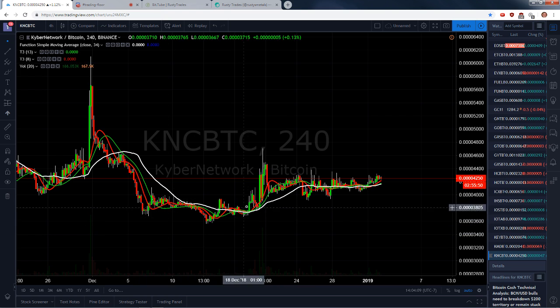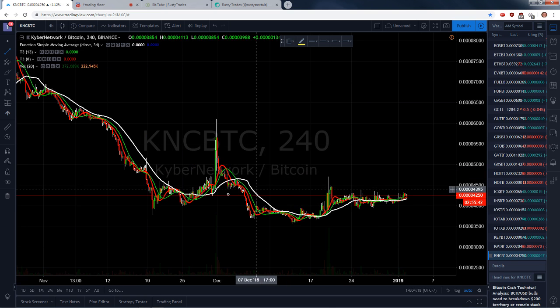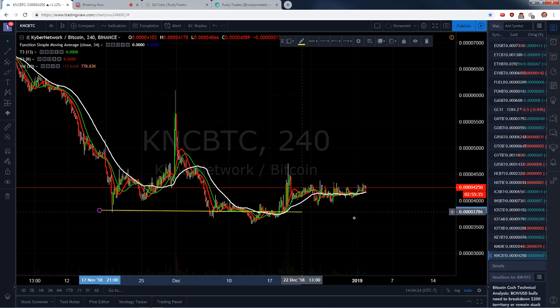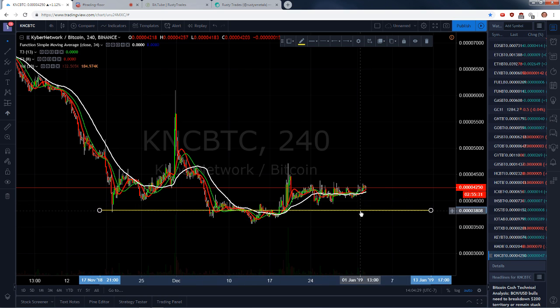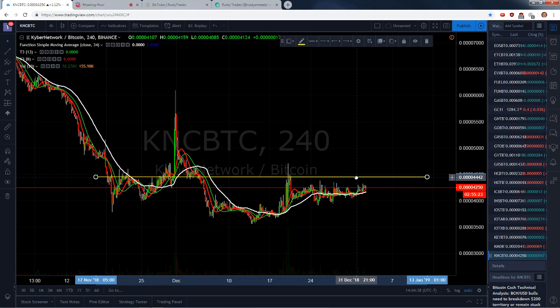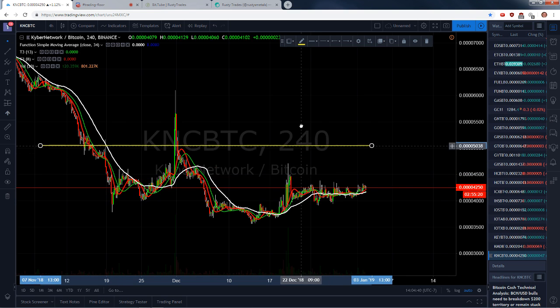Got a left shoulder head, right shoulder pop. Double bottom. This whole thing is so there's my breaking into previous lows. Breaking in the previous lows, I got nice support, double bottom. Watch for a break across into previous lows, riding up that range.